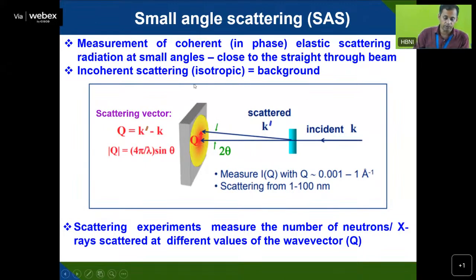Small angle X-ray techniques mainly use coherent elastic scattering of radiation at very small angles, close to the beam.